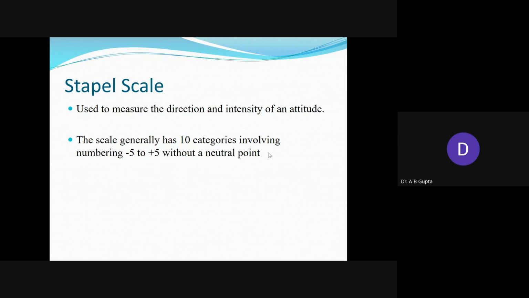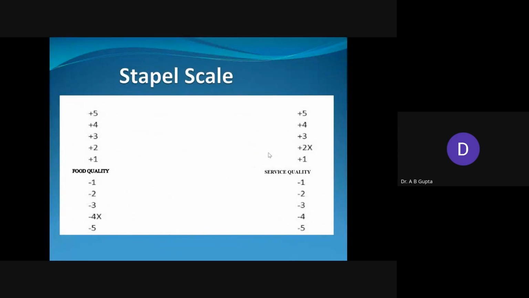Again, we are having a 10 point scale, moving from -5 to +5, and zero is not there. The respondent has to give the feedback from -5 to +5. Generally, most of the time, this Stapel scale is prepared vertically. Just let me show you a very interesting example.